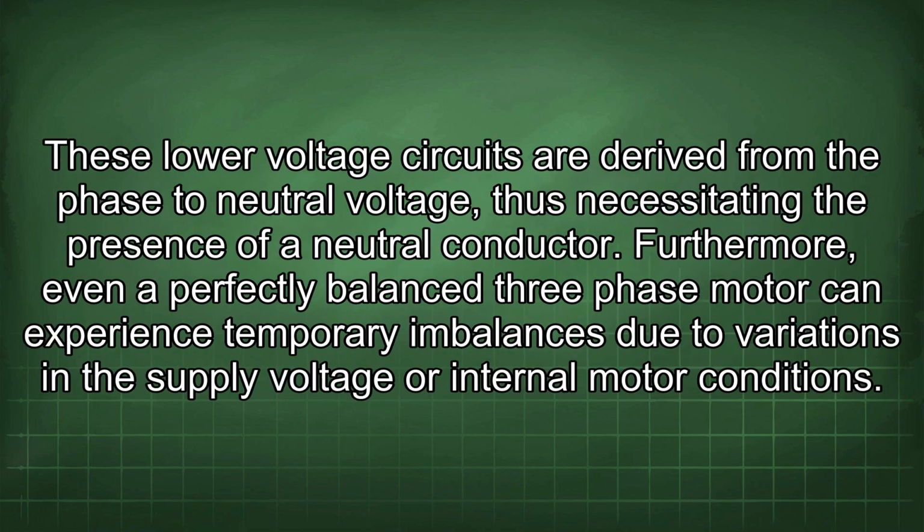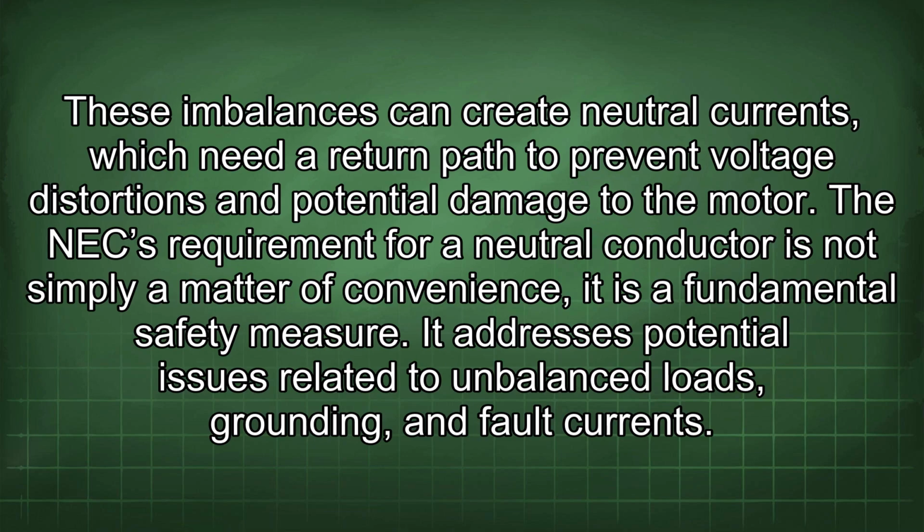These lower voltage circuits are derived from the phase to neutral voltage, thus necessitating the presence of a neutral conductor. Furthermore, even a perfectly balanced three-phase motor can experience temporary imbalances due to variations in the supply voltage or internal motor conditions. These imbalances can create neutral currents, which need a return path to prevent voltage distortions and potential damage to the motor.